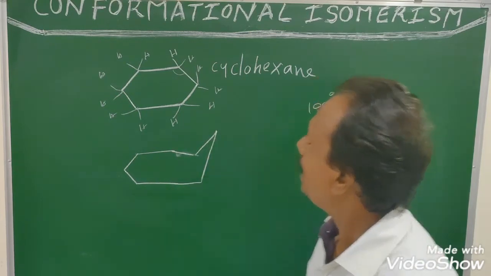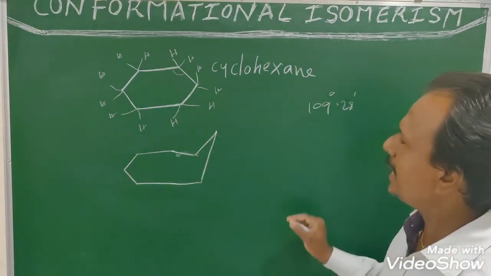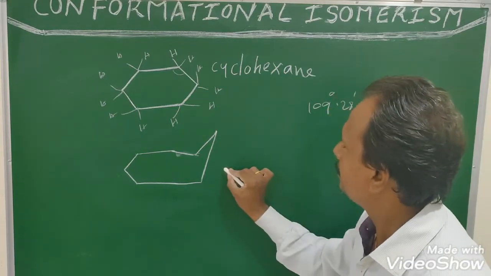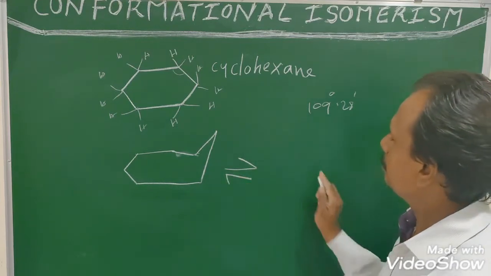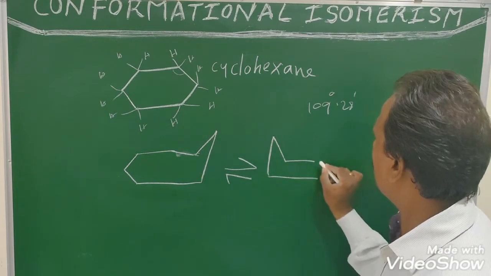It is the half chair conformation. To reduce the repulsions and energy, again it goes from half chair to boat conformation.